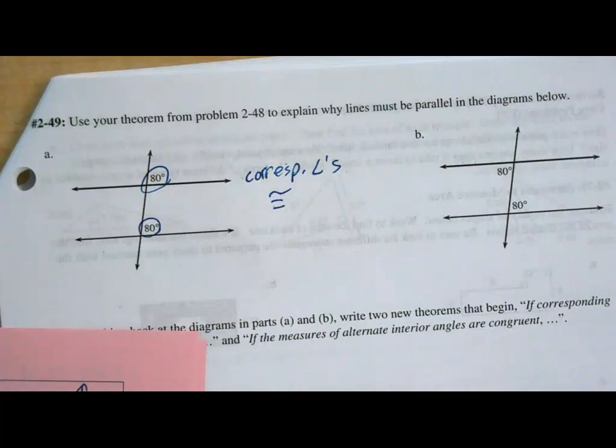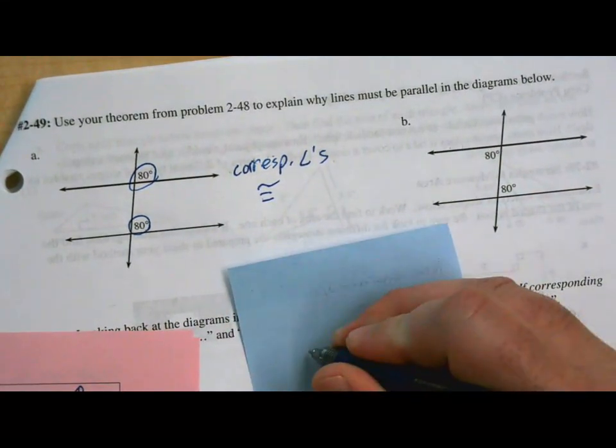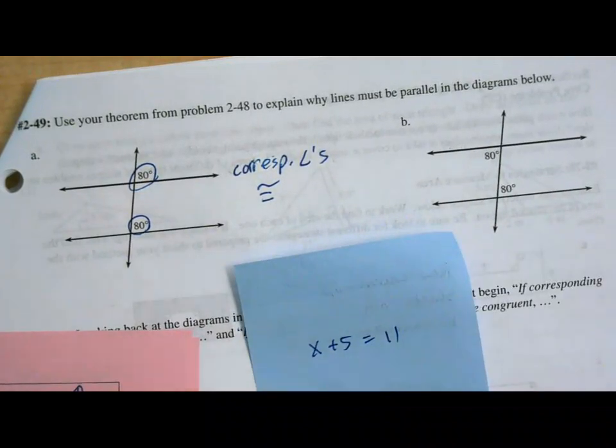Sorry, this is a bit of a tangent. There's a mathematical process called the Monte Carlo process. Monte Carlo is a place where there's casinos, okay? And so the idea is if I'm trying to solve a problem like x plus 5 equals 11, I don't need to do any algebra.